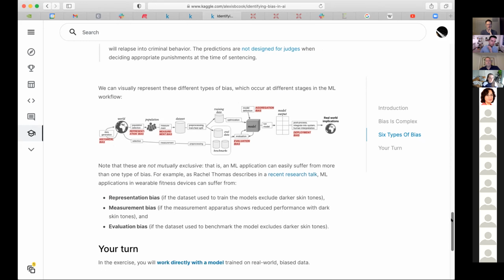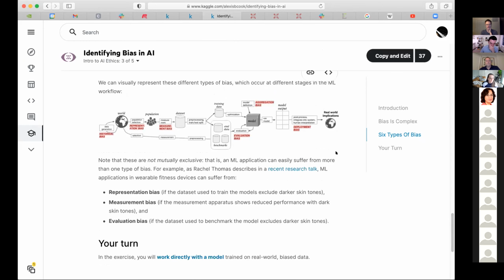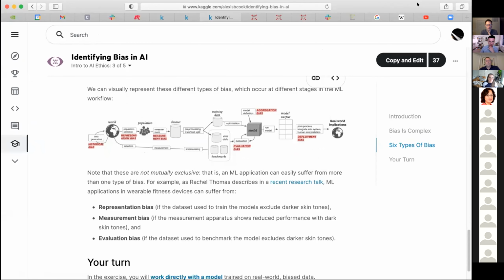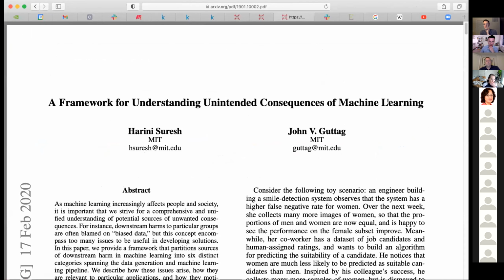Now, one thing buried at the bottom of this slide is actually a really great visualization, and it comes from this paper, Framework for Understanding Unintended Consequences of Machine Learning by Harini Suresh and John V. Guttag at MIT.